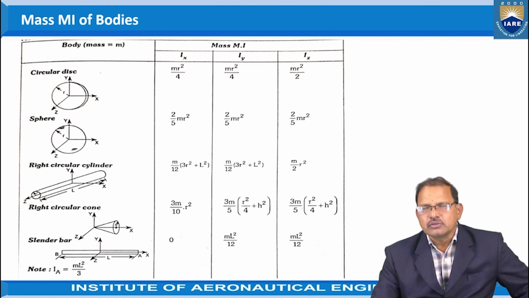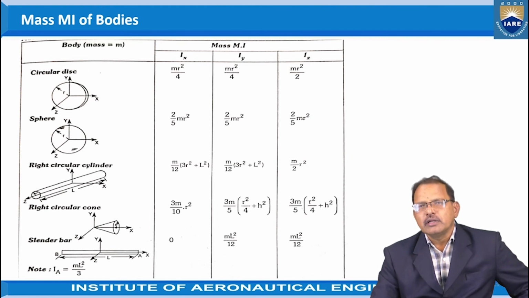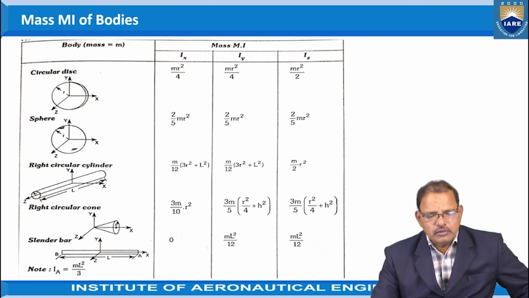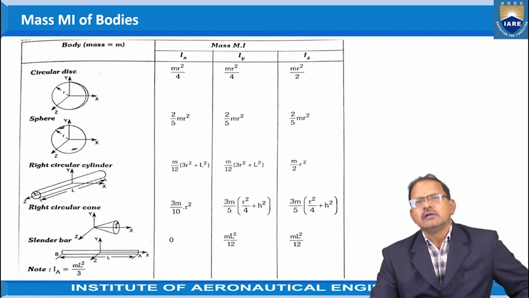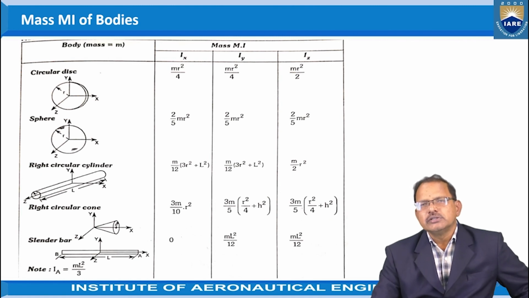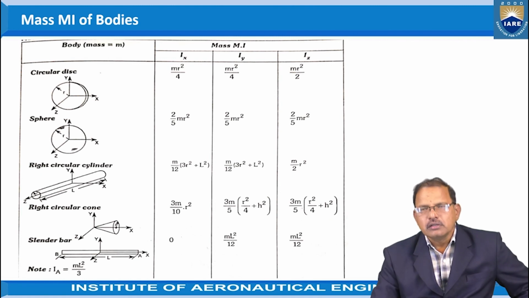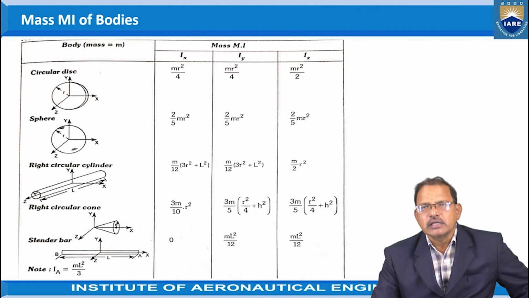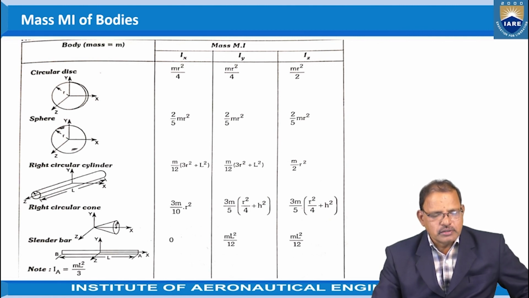Then Izz, that is the polar moment of inertia, is equal to mr square by 2. For the sphere, Ix is equal to 2 by 5 mr square. Similarly, Iy is equal to 2 by 5 mr square, and Iz is equal to 2 by 5 mr square. That means the values remain constant along the x-axis, the y-axis as well as the z-axis.